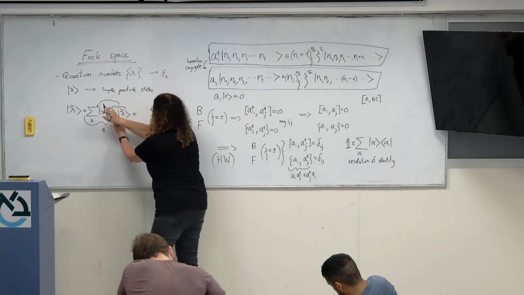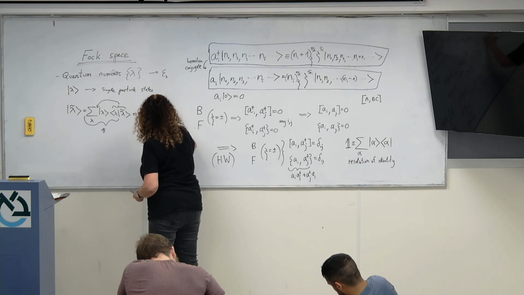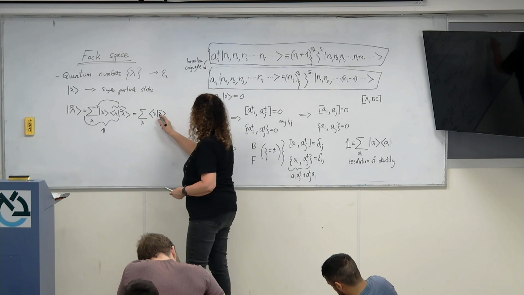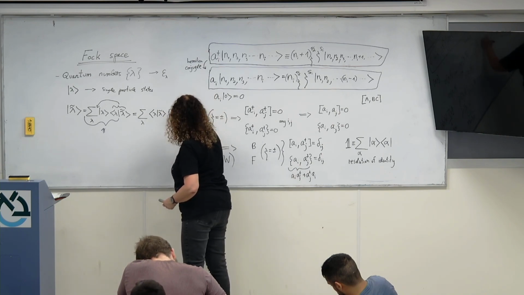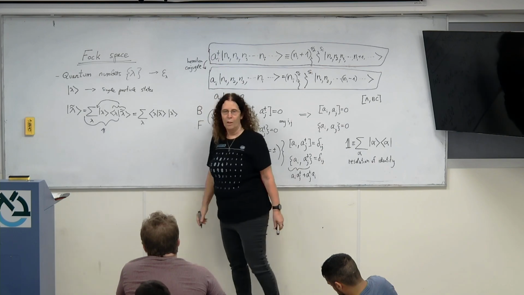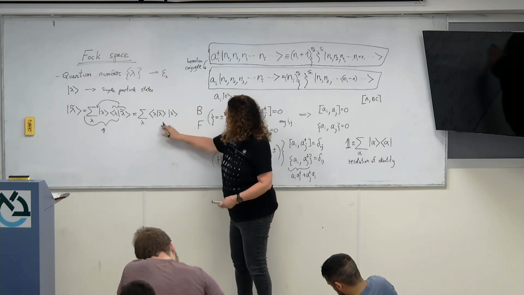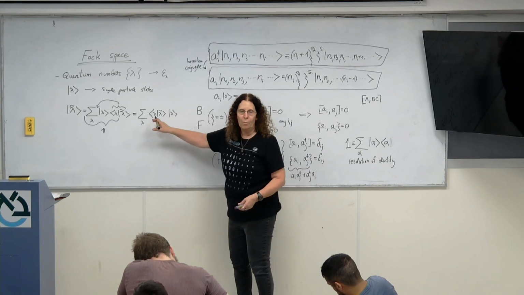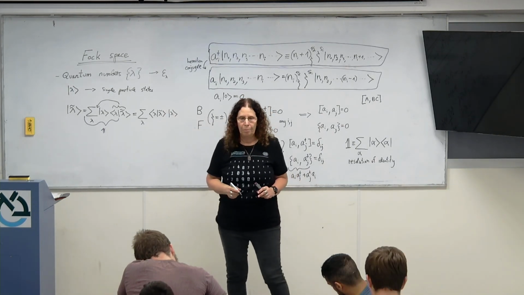So I can reorder it and write it as a sum over lambda of this matrix, this inner product, times lambda. And what I wrote here, if you want, you can call it C lambda lambda twiddle. It's some complex number, right?